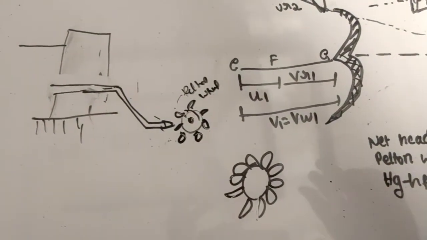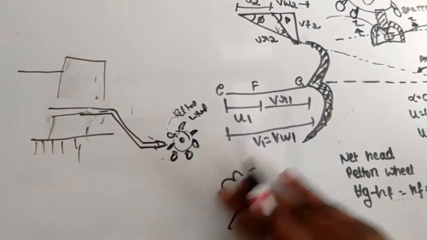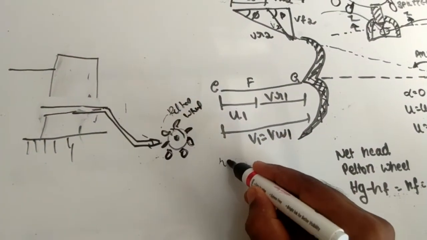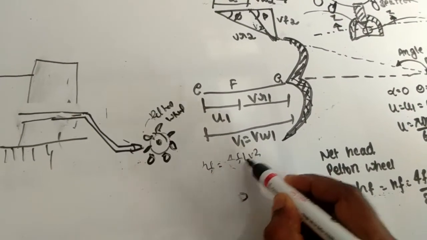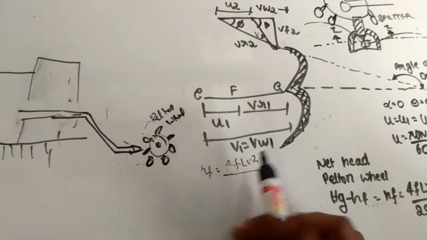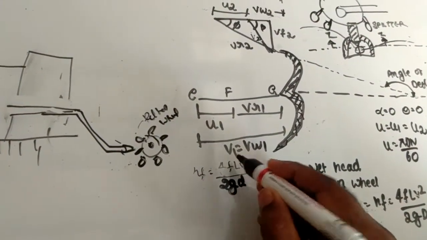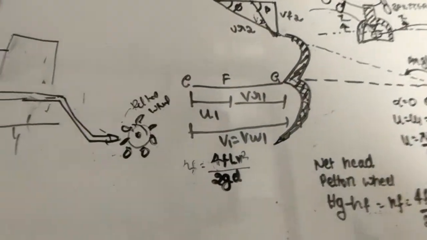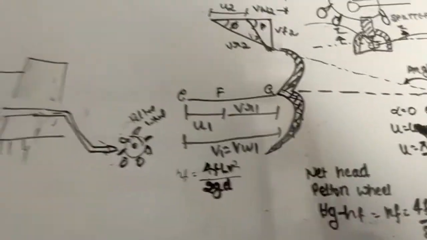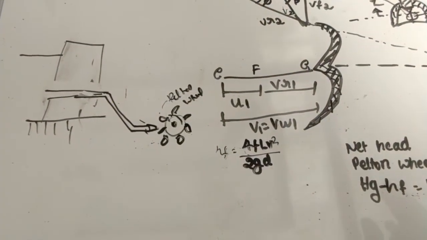That loss we call head loss or head friction loss, hf, which is equal to 4flv^2 by 2gd. At the start we get head because water is there in the dam.